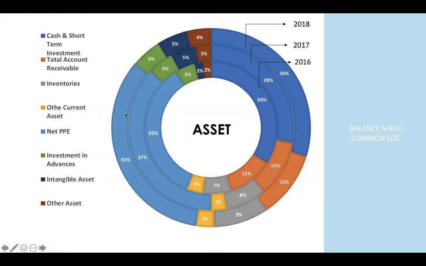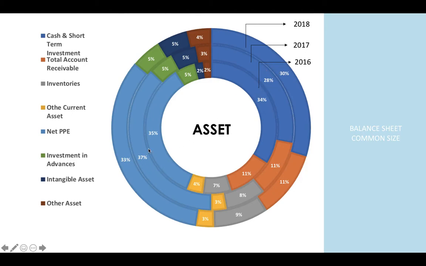If we look at the portion of these 3 years of balance sheet common size, we can see that there is no big difference, and there are some accounts whose percentage remains the same, like the investment in advances and the total account receivable. From the chart, the PPE and cash and short-term investment have the biggest portion in the financial statement.